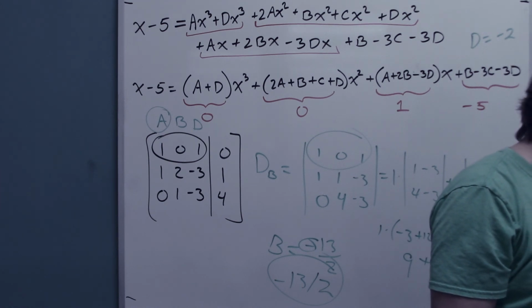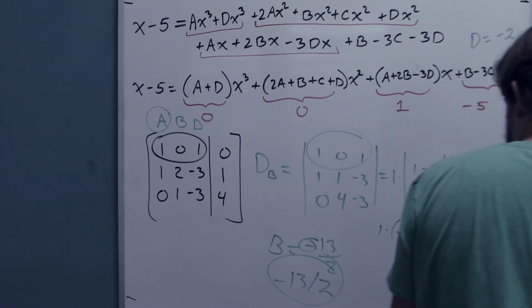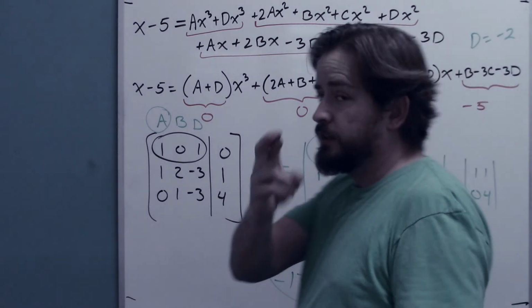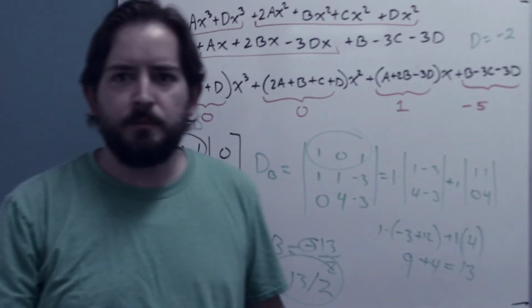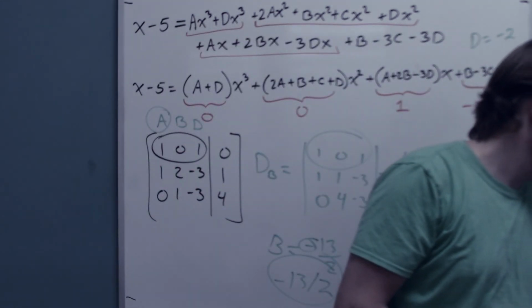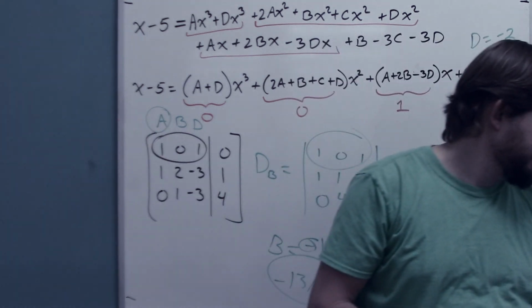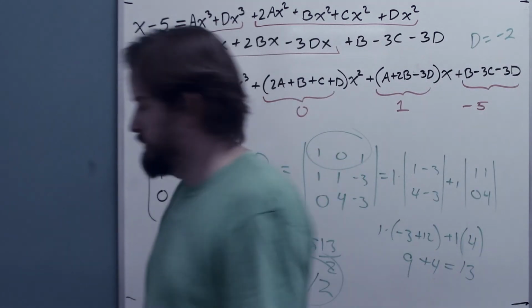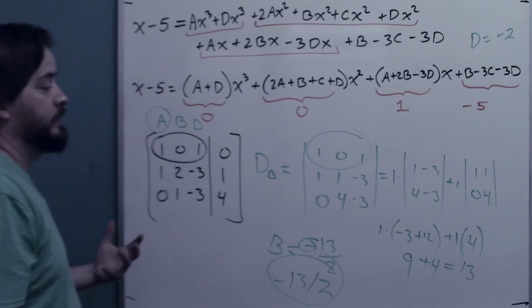That was B is -13 over 2. Cross your fingers again because we're at like 50 million minutes into this. I don't want to start this over. And correct. Okay, great. That's 3.